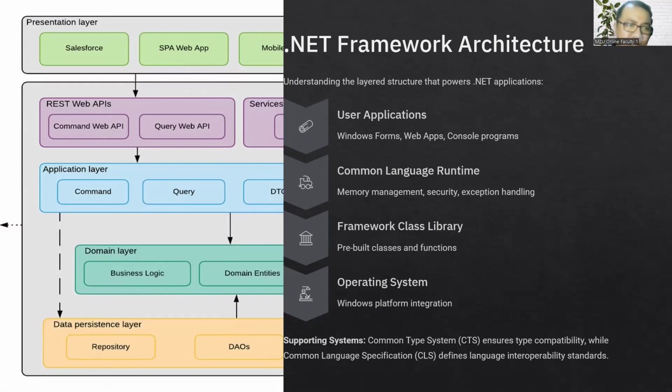In the background, we can see the presentation layer and the application layer. The bridge between the application layer and the presentation layer is the REST Web API. The presentation layer may be a single page application, web application, mobile application, or desktop application that runs on a server or a client, which then uses the REST API to query the application layer.